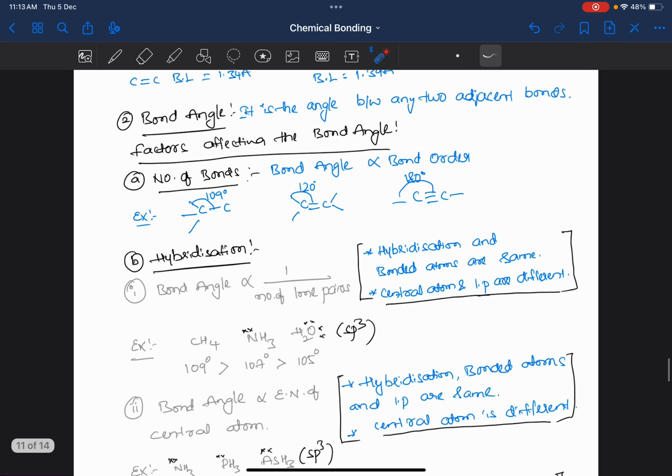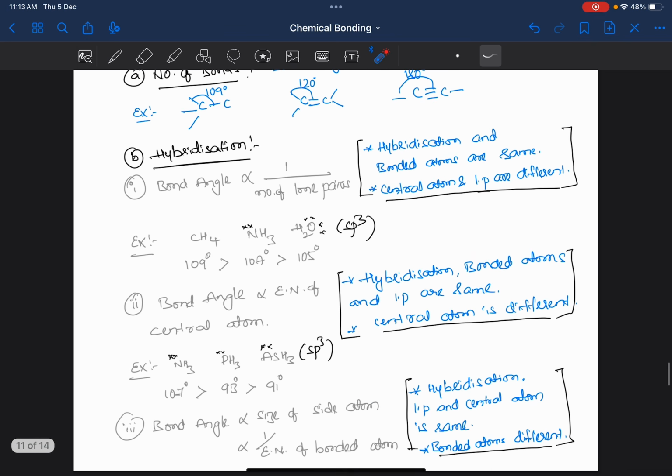For hybridization, different explanations are there. All these are important, compulsory, objective-wise important questions. Now see, bond angle is inversely related to the number of lone pairs on the central atom.